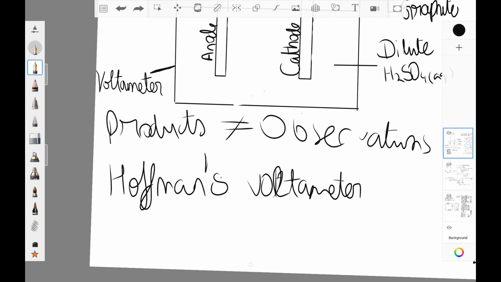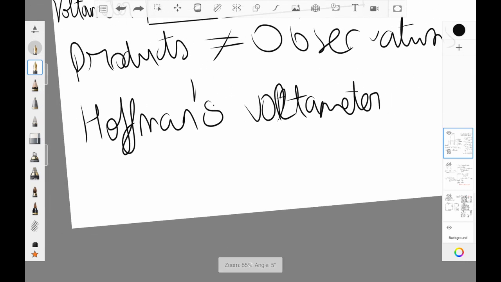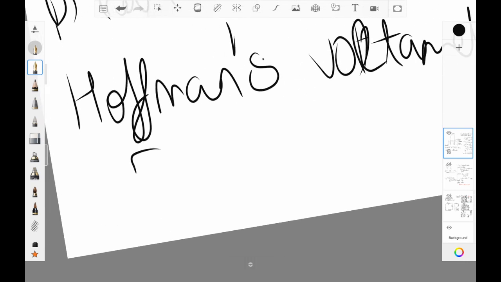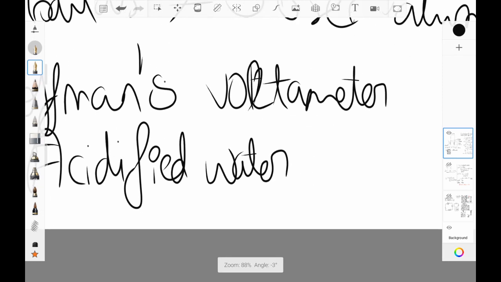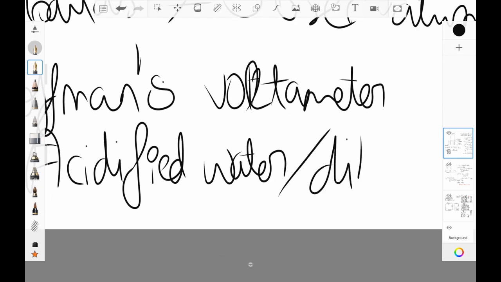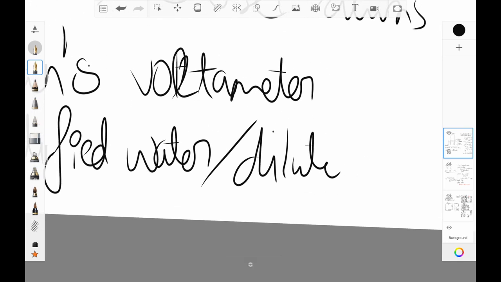It still helps you carry out electrolysis, but it's specifically used to carry out the electrolysis of acidified water, which is a fancy way of saying dilute acids. Dilute acids.